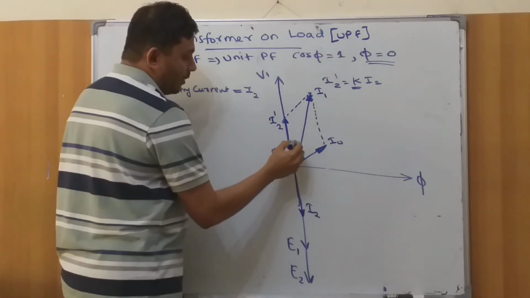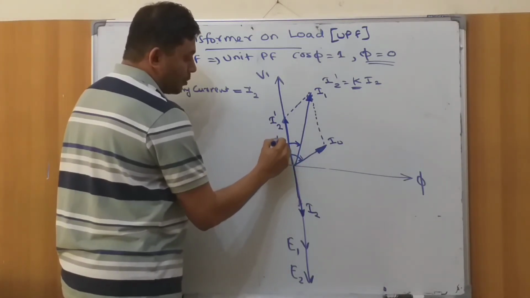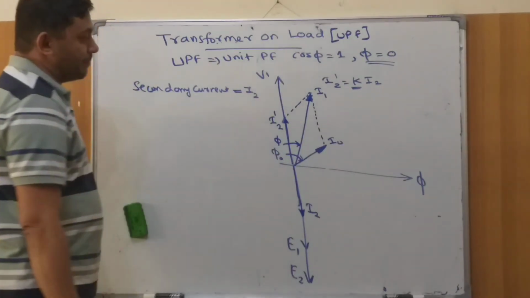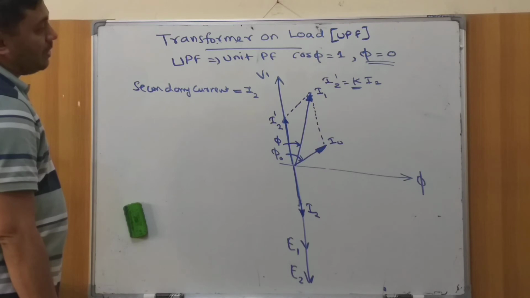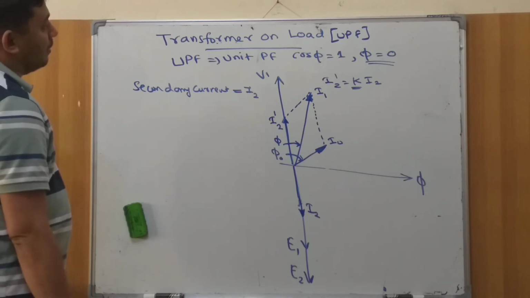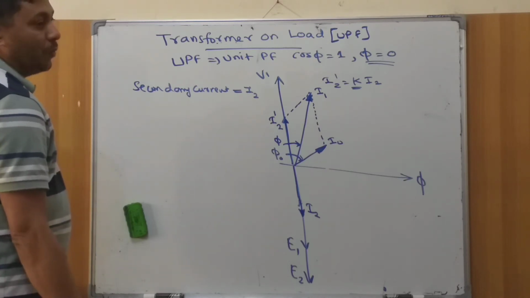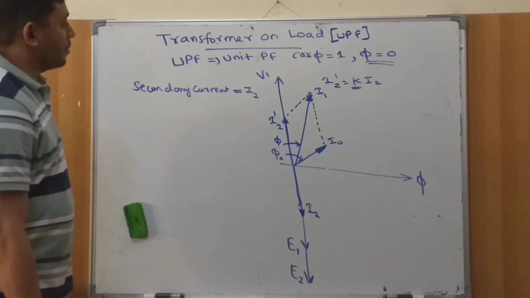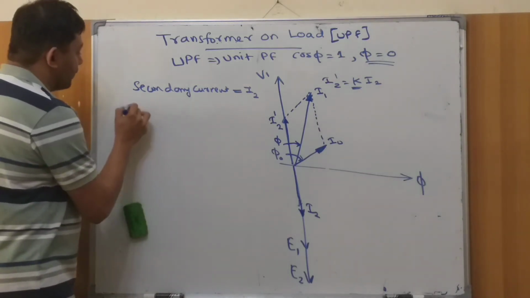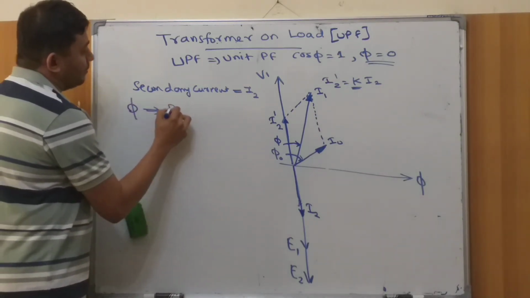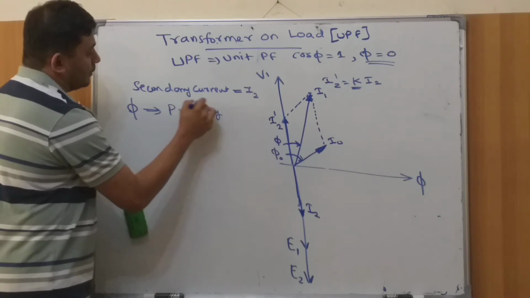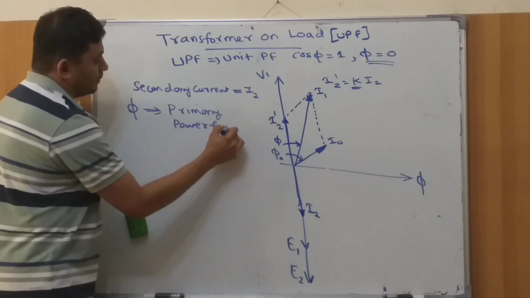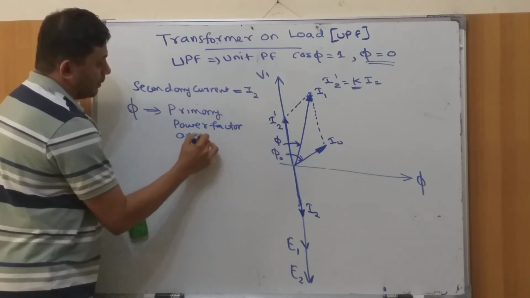And then now we have a new angle here. That is supposed to be the load power factor angle. You get the point? So this is the phasor diagram of a transformer with UPF, unity power factor. So phi is the primary power factor angle.